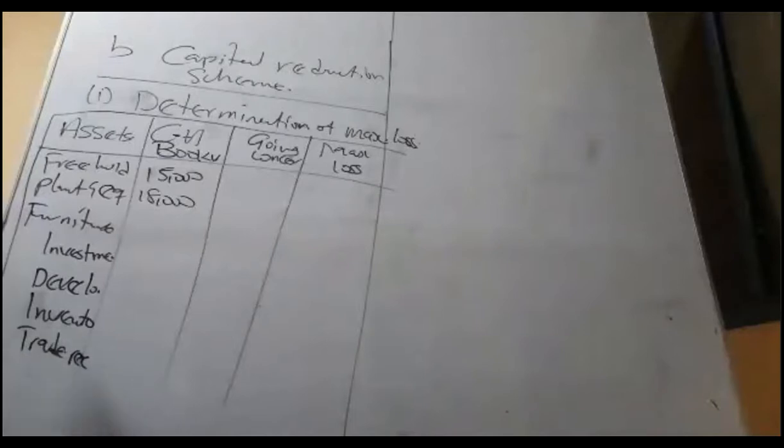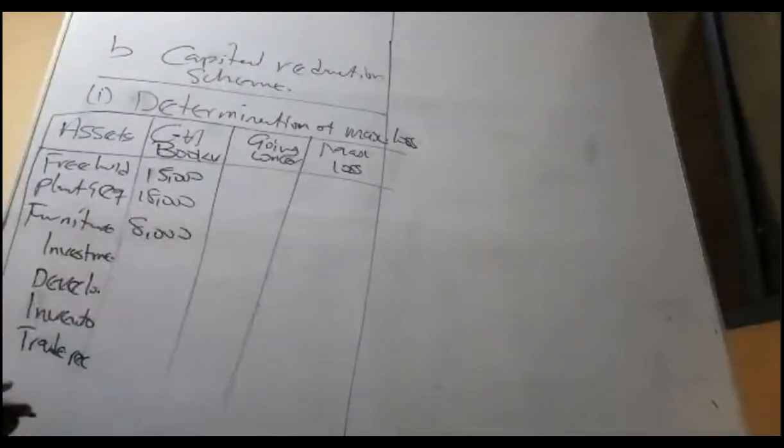So first on the list, 15,000. Second, 18,000. Next, 8,000. Next, investment is 9,000.